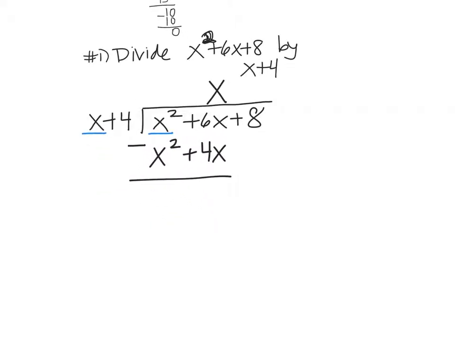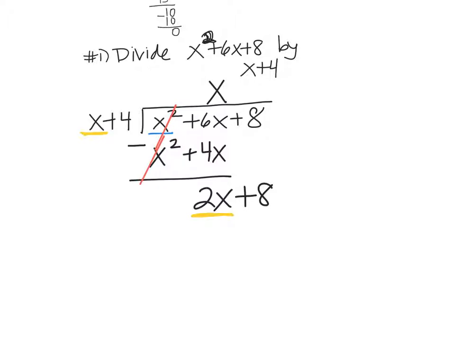So what's going to happen is your first terms will cancel, okay? They're going to cancel for sure. The next ones, you're going to go 6x minus 4x is what? 2x, okay? And then you're going to bring down the plus 8 and do it all over again. So now you're looking at this first term here, x, and this first term here, 2x.